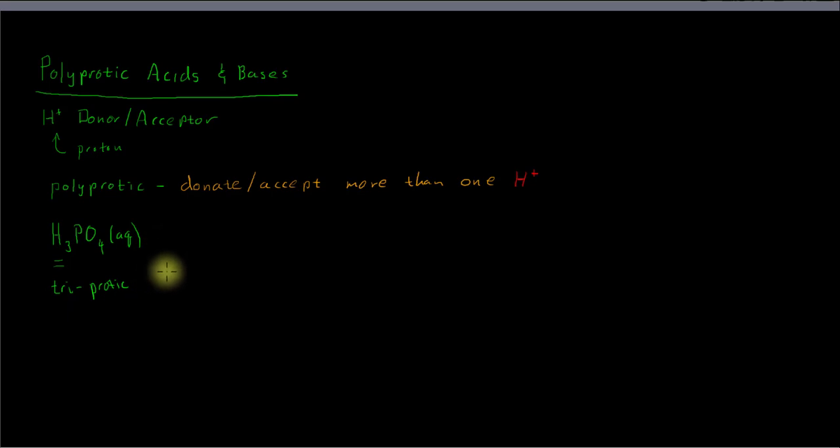And so we can imagine that this happens in steps. And so when you add this to water, we can think about how easily it donates each successive proton to a water molecule. So remember, we always tend to compare how strong an acid is by thinking about how easily it can donate a proton to water. Similarly with bases, we'll think about how easily it could take a proton from water.